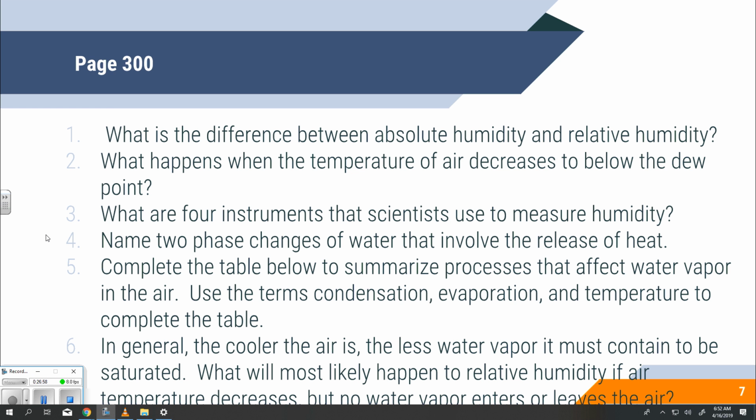Complete the table below to summarize processes that affect water vapor in the air, using the terms condensation, evaporation, and temperature. In general, the cooler the air is, the less water vapor it must contain to be saturated. What will most likely happen to the relative humidity if air temperature decreases but no water vapor enters or leaves the air?